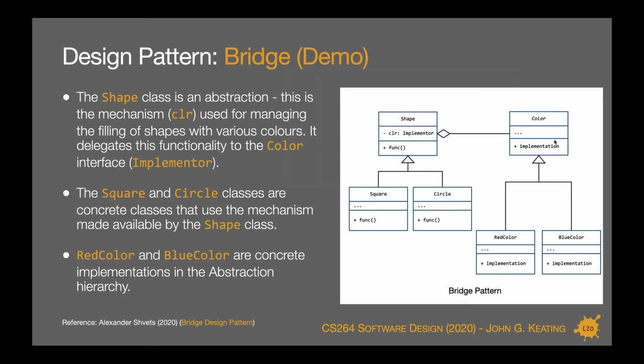There's the implementation of the interface method here. Again, we have methods associated with these classes, which are concrete classes of shape. They in turn will use the mechanism made available here, color, to access this color information. And then red color and blue color are just concrete implementations in the abstraction hierarchy.